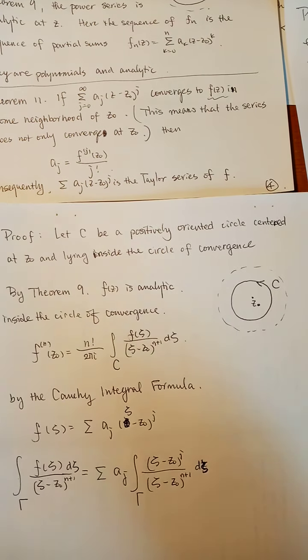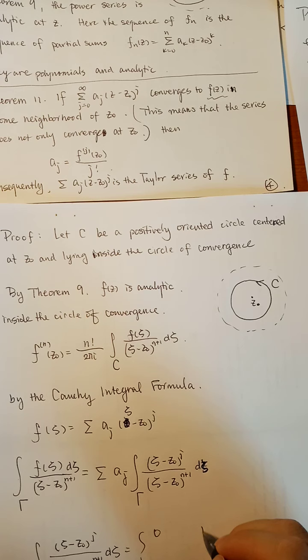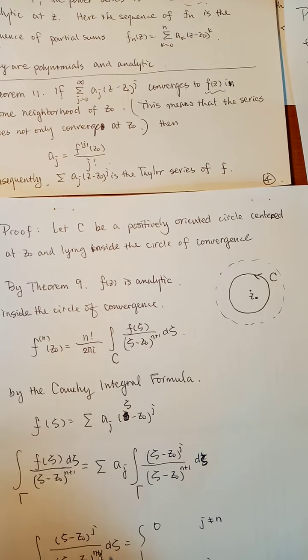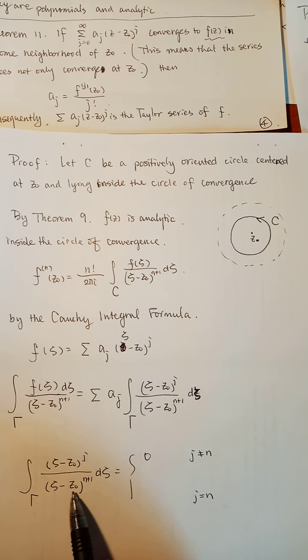And for this type of integral, we know that it's 0 if j is not equal to n. When j is equal to n, you cancel theta minus z0 to the nth power, and you will get 1 over theta minus z0.